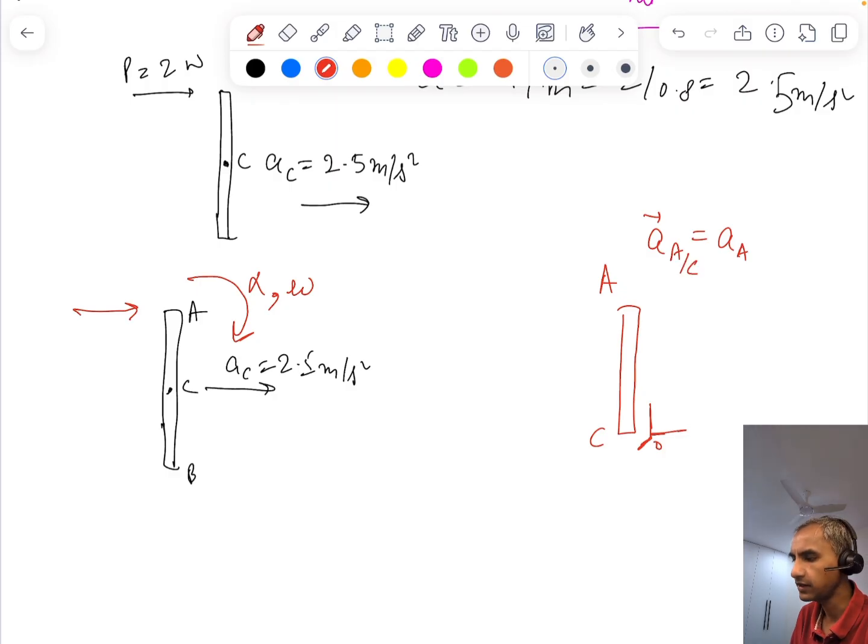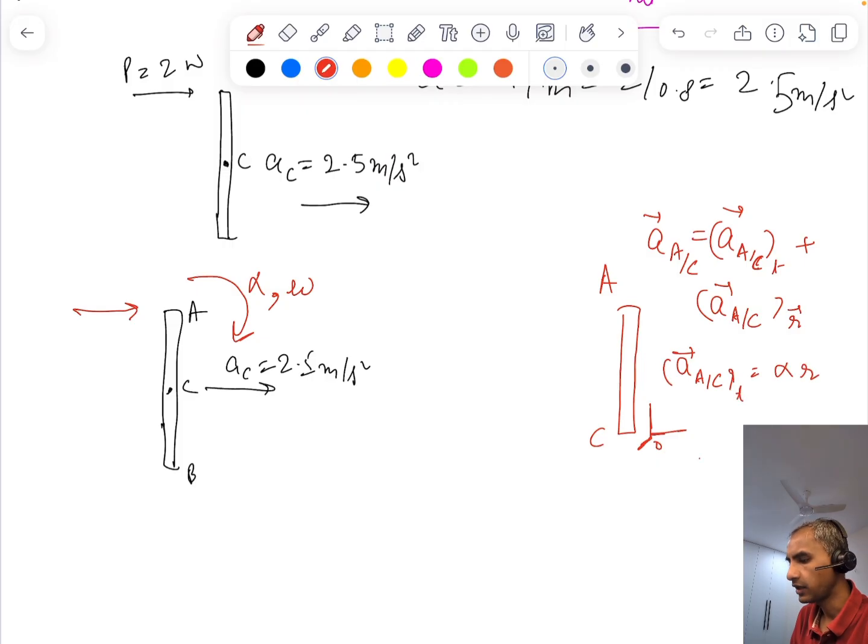So AA by C is AA by C tangential acceleration plus AA by C radial acceleration, right? And of course AA by C tangential is simply alpha r, right? And A by C radial is of course omega square r, where omega is the angular velocity of the body.